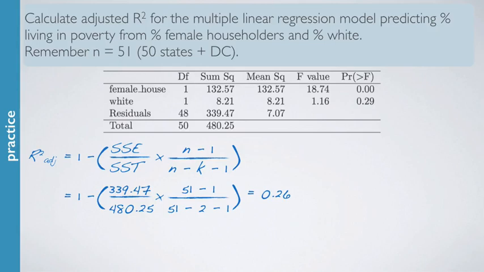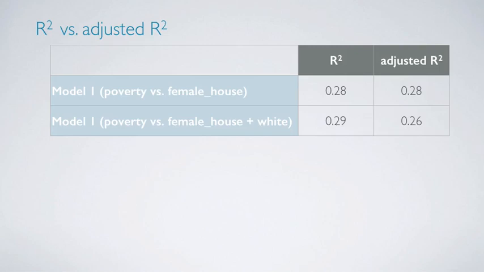Remember, our R squared was 29%. However, our adjusted R squared with the penalty for the additional predictor is only 26%. So in summary, for the first model, where we simply had female householder as our only predictor, our R squared was 28%.